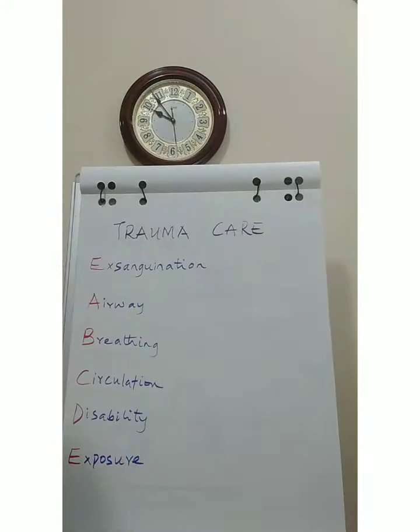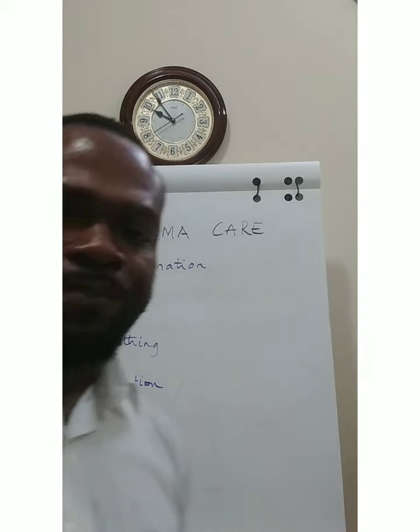And then we also have the exposure, which is the sixth point here. Exposure means checking the temperature. How cool or how warm is this individual? If the body temperature is cold or is low, then you suspect that this person would likely go into shock even before you get to the hospital.